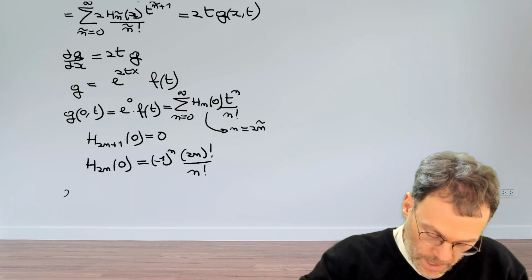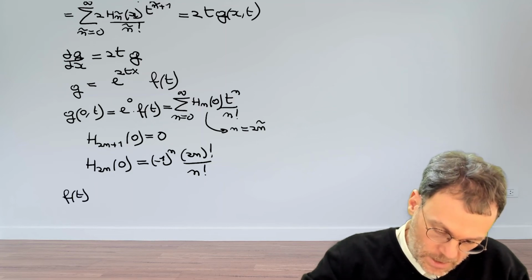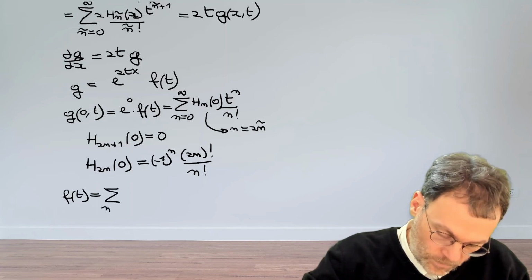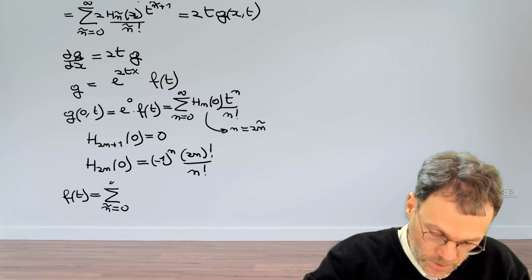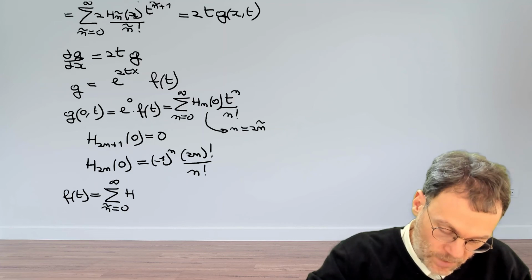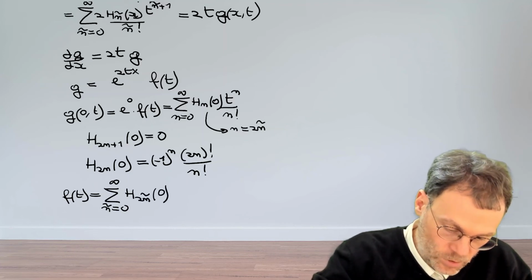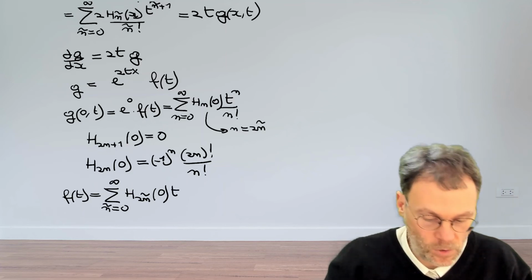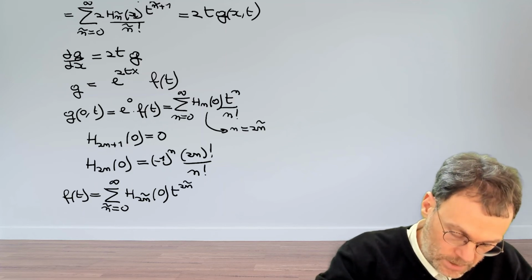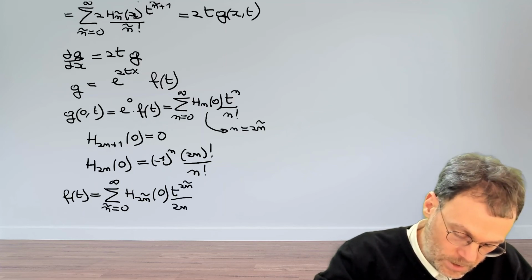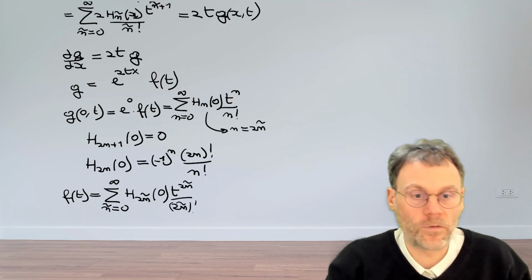Doing that, we have that f of t is a summation of n tilde still from 0 to infinity. And then we have H of 2 n tilde of 0, t to the power of 2 n tilde divided by 2 n tilde factorial.